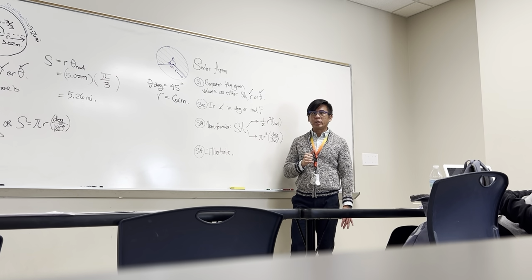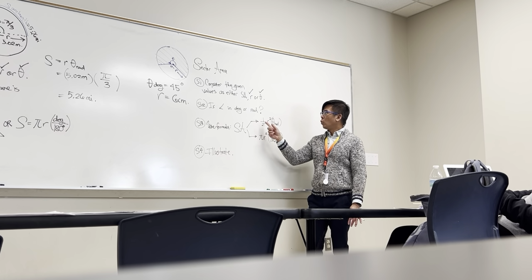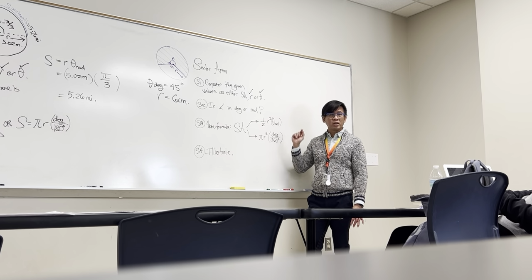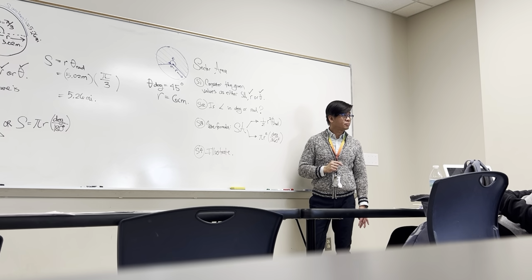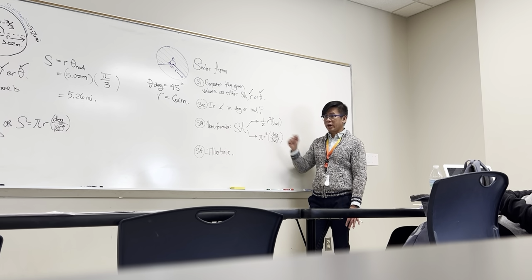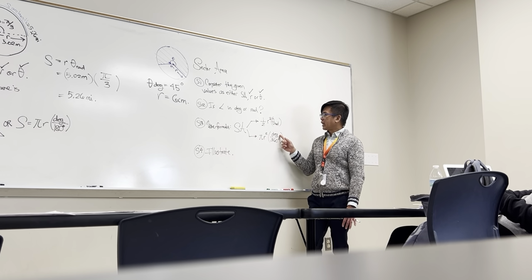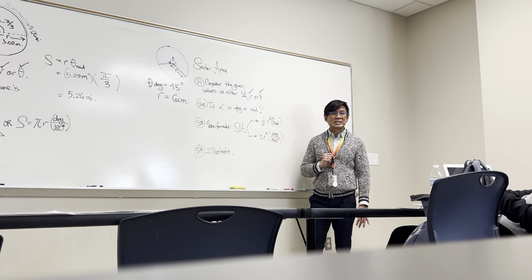So which one are we gonna use? For sector area, if it's in radians, it's 1/2 r squared times the radian measure. If it's in degrees, the formula is pi r squared, basically the area of a circle, times degrees over 360.